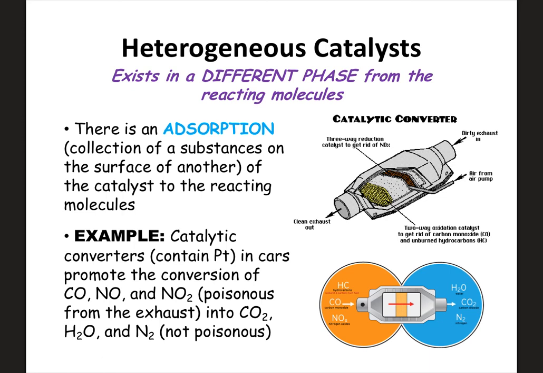So this would be a heterogeneous catalyst. Again, you don't need to understand this entire process of the catalytic converters, but understand that these poisonous gases are going through that and being converted into less poisonous gases. We know that there's an issue with CO2 and global warming, but just understand this idea that a heterogeneous catalyst would be in a different phase from the molecules it's reacting with.